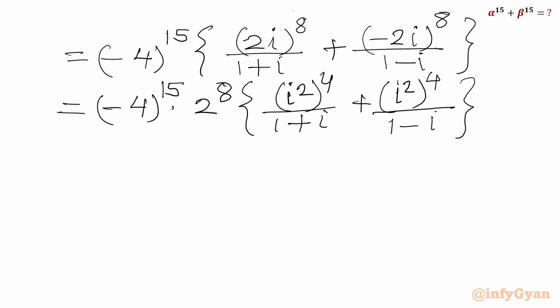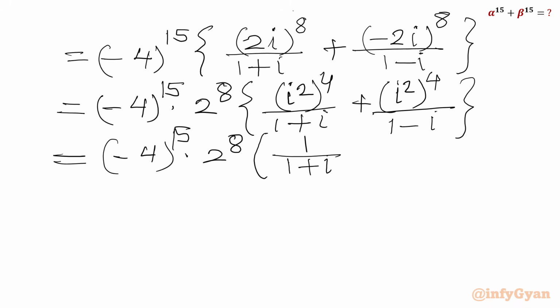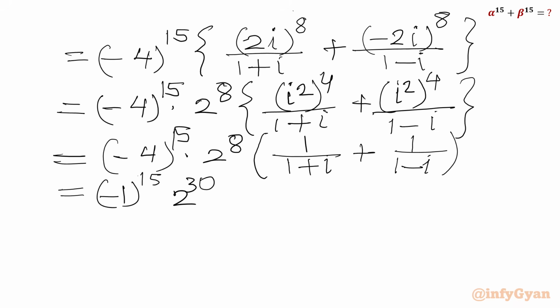So i square is minus 1, raised to the even power is again 1. We write minus 4 whole power 15 times 2 power 8. Here I will write 1 over 1 plus i plus 1 over 1 minus i. Now we will take LCM. Here I will write minus 1 power 15. 4 power 15 is 2 power 30. Then we have 2 power 8.